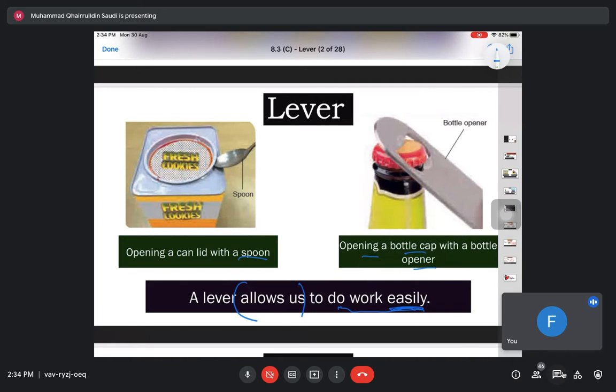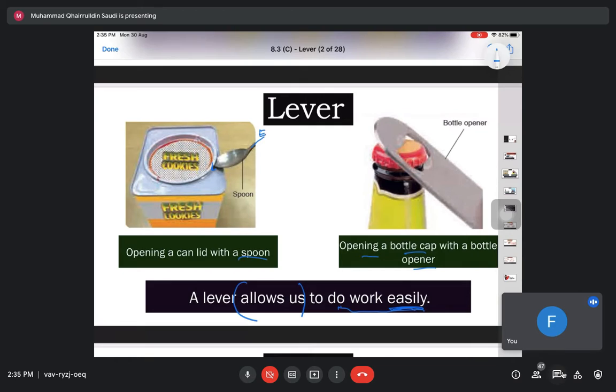But if you use a spoon as a lever, it will make your job easier because the spoon can slide into the space and become a simple machine. You put the effort here at the end of the spoon, and this will be your load and this will be your fulcrum. So a lever allows us to do work easily.